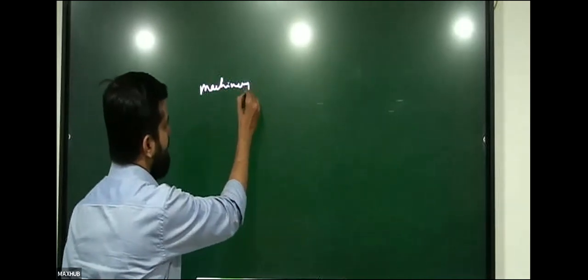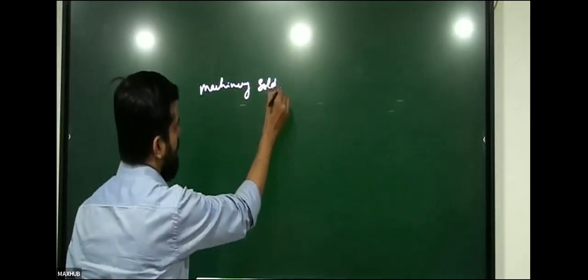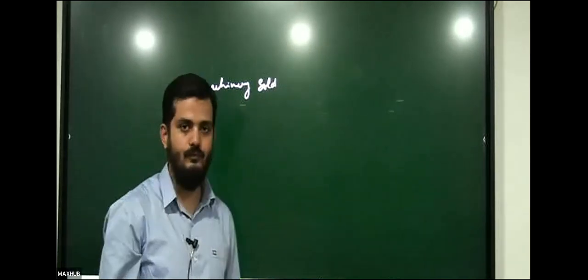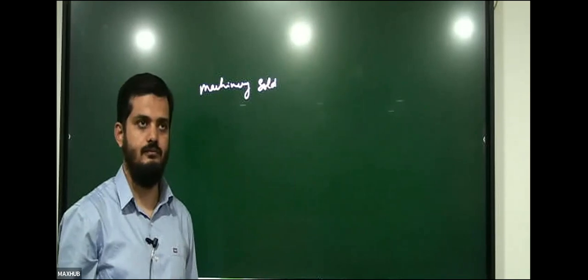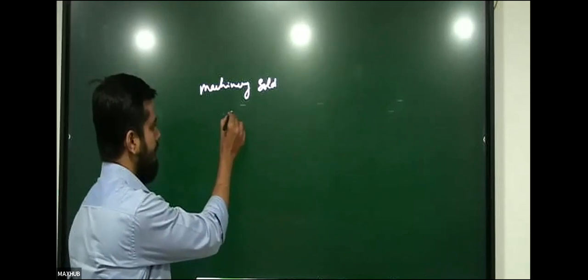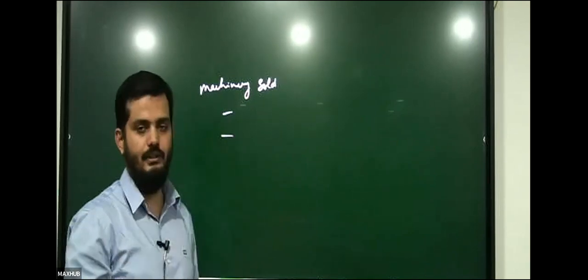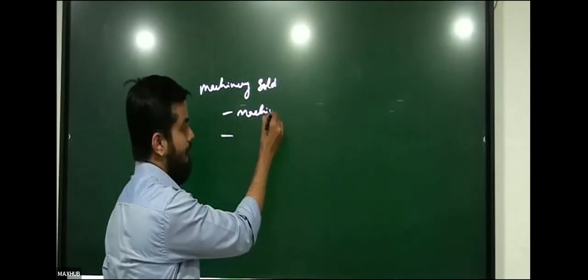Machinery sold. Okay. So what is the first step? Machinery sold for cash. What is the first step you have to follow? Identify the accounts involved, right? What are the items there? Machinery is the asset, fixed assets. Just tell me the items, guys.